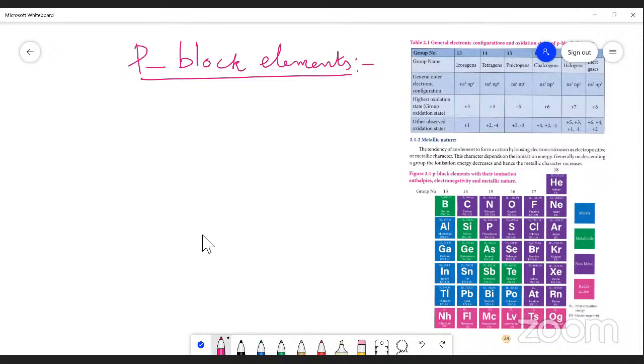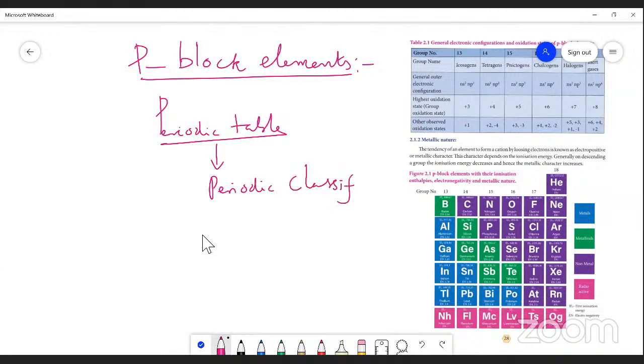Children, P block elements, according to the periodic table. We have studied this as periodic classification.